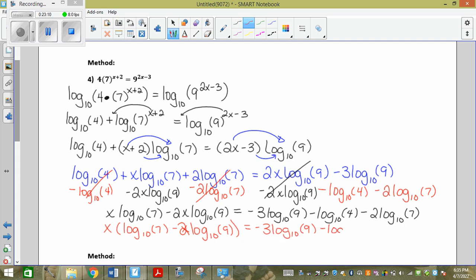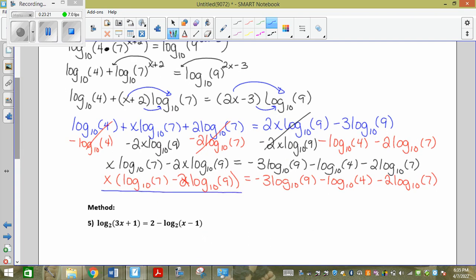Rewrite this. Then divide it over. So I'm going to get log base 10 of 7 minus 2 log base 10 of 9.